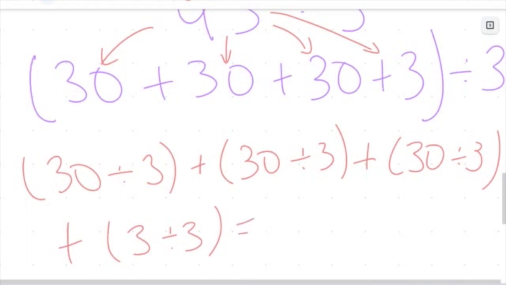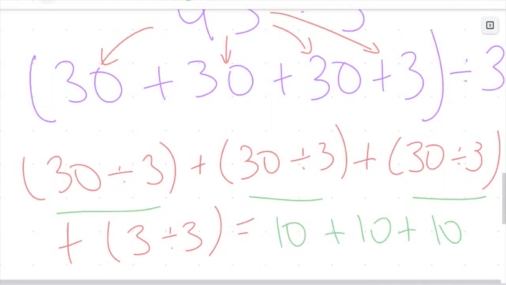So I get, for each of these here, they're the exact same thing. So 30 can be split into 3 equal groups of 10 here. So I get 10 plus 10 plus 10. And when I divide 3 by 3, well, how many times does 3 go into itself?